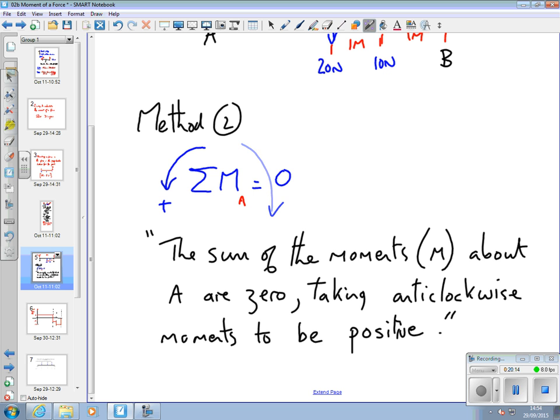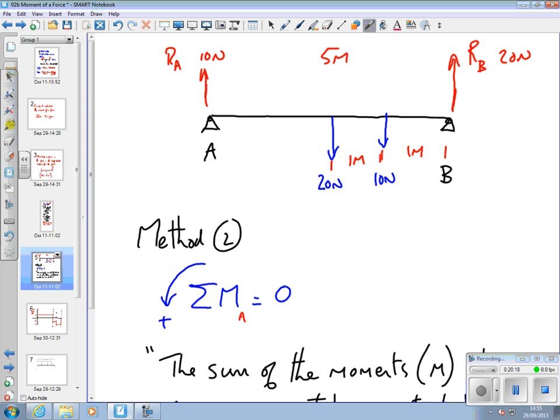So all we do now is write down our moments in one equation. I take all the moments acting clockwise as negative, because my convention is anticlockwise is positive, and my moments due to the reaction force to be positive. So what I do is I write this.